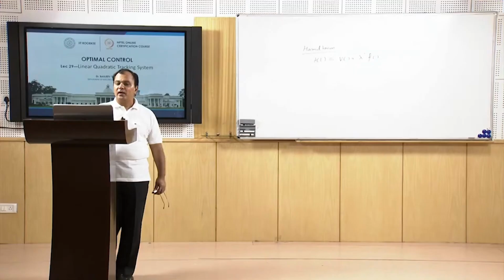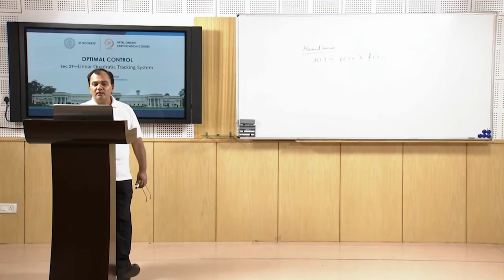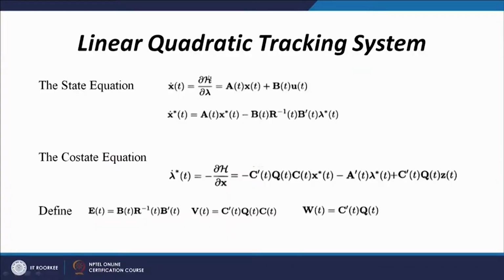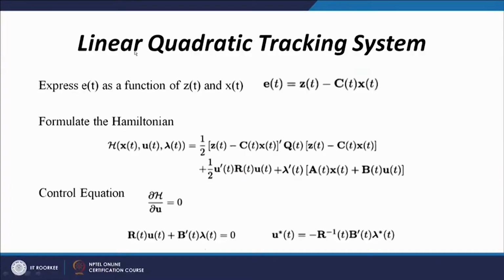Next we will write down the state equation. State equation is x dot t equal to del H by del lambda. This means I am differentiating this H with respect to lambda, and I can see in this whole expression the last term is dependent on the lambda.